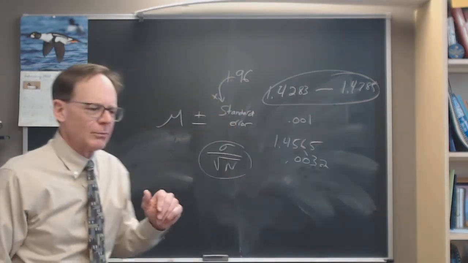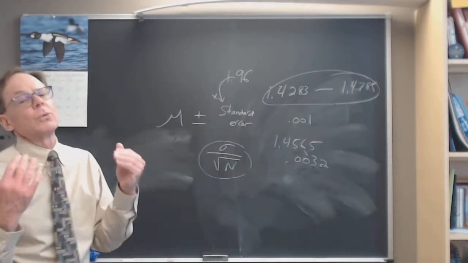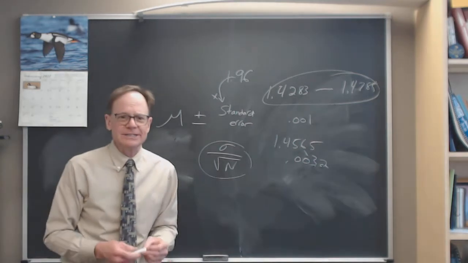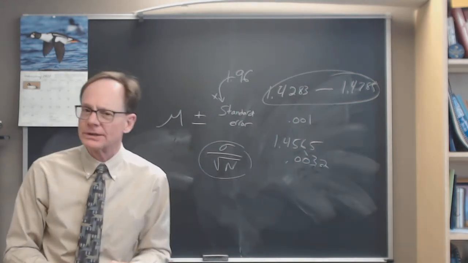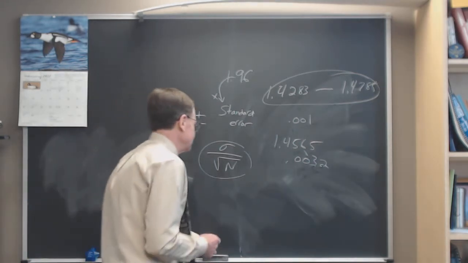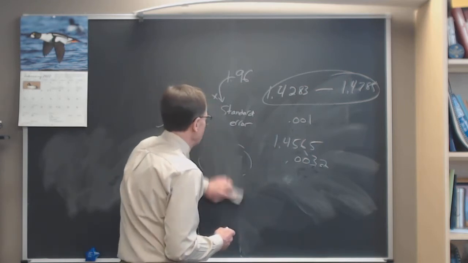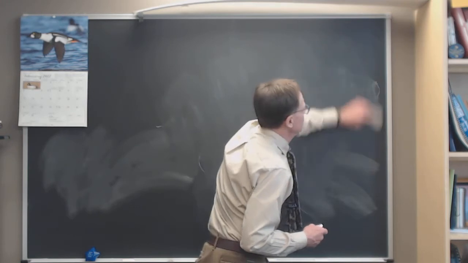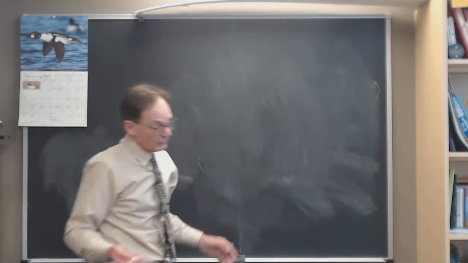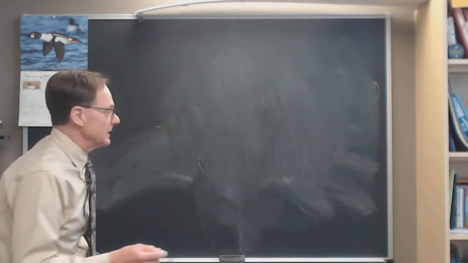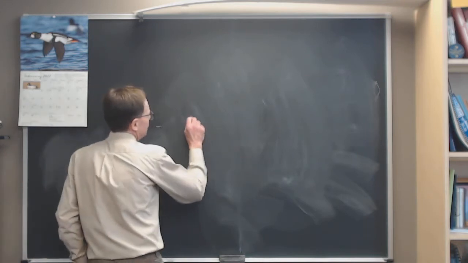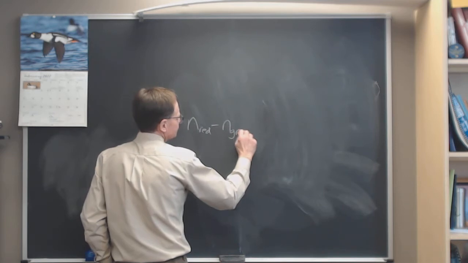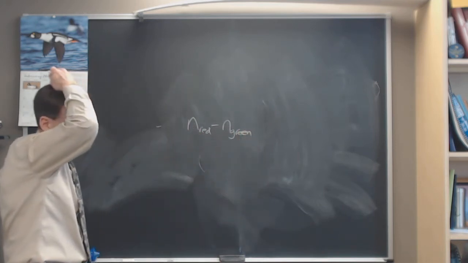Now, we did a pretty good job with the question about asking you whether you had measured, what was the likelihood you had measured a difference of index of refraction between the green and the red light. And so for your block, the way we were approaching this, there are different ways we could approach this, was to take N of red minus N of green, for example, and or vice versa.